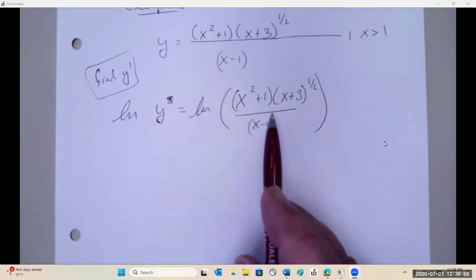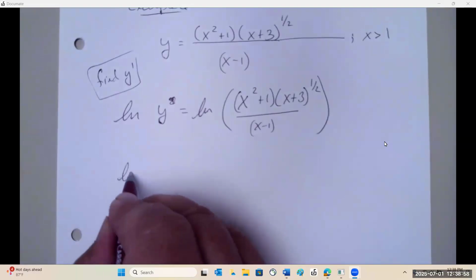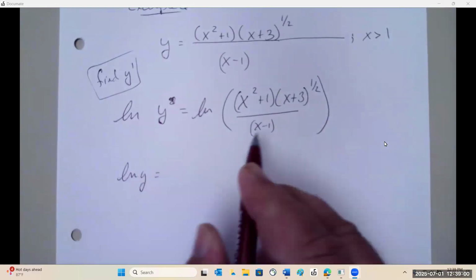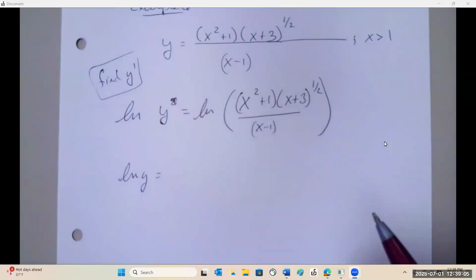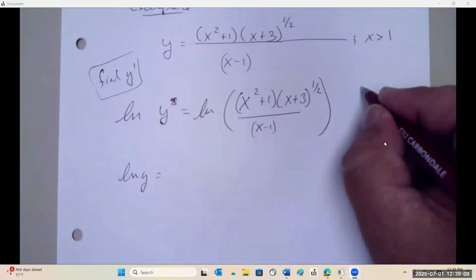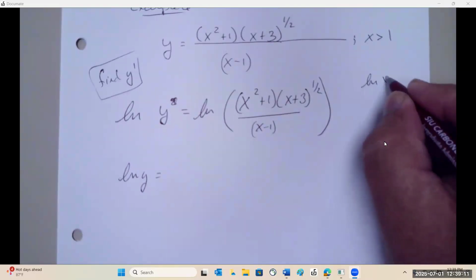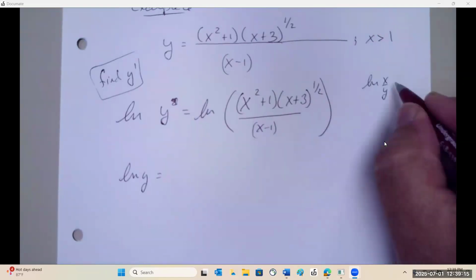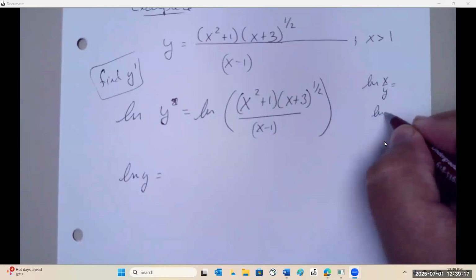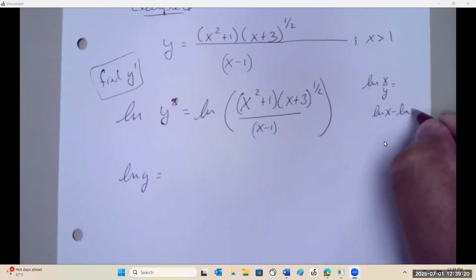But before I do a derivative, let me rewrite what I have here. Ln y. What are the rules for multiplication and division in ln rules? The rules are these. If I have ln of x over y, what can I do? Ln x minus ln y.